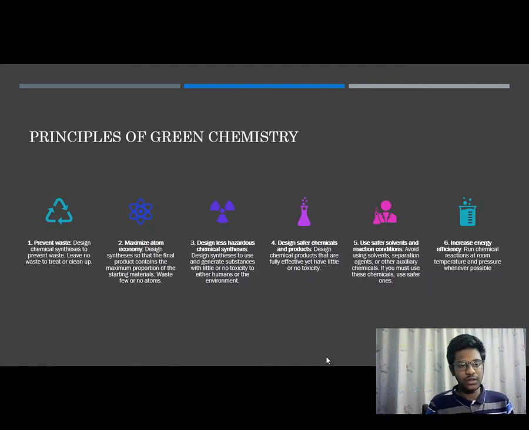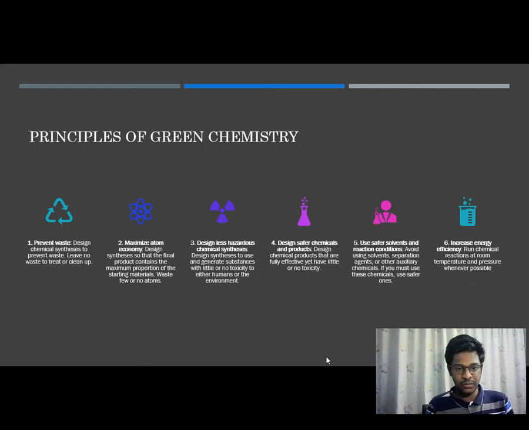So these are the principles of green chemistry. Prevent waste: design chemicals to prevent waste. I mean, less waste, high yield, and higher profits. Maximize atom economy: design synthesis so that the final product contains a maximum portion of the starting materials, wasting few or no atoms.